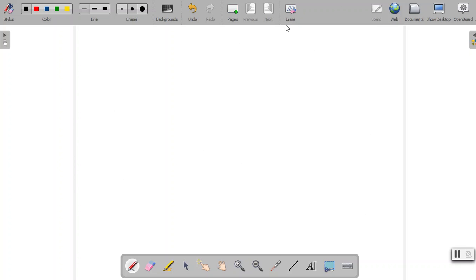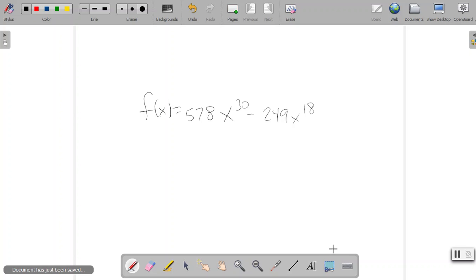So if you had something like f of x equals 578 x to the 30th minus 249 x to the 18th, well, I don't have any desire to actually plug anything in besides 0. If I put in 0, I get f of x equals 0.